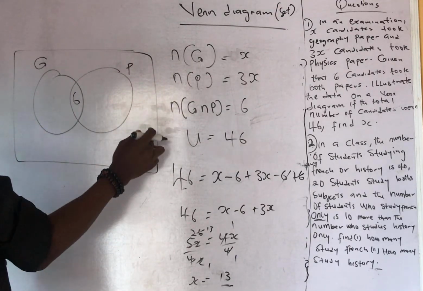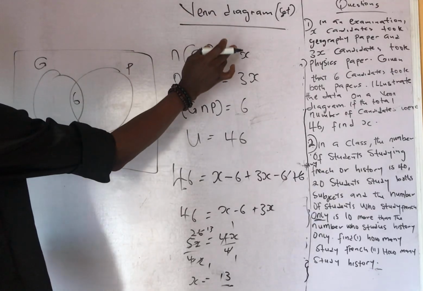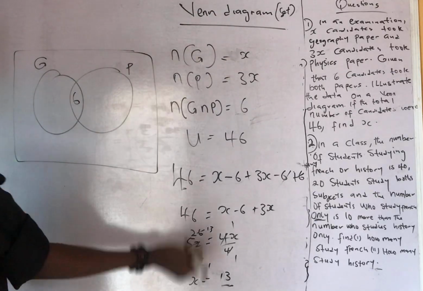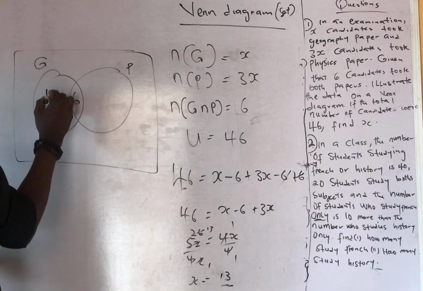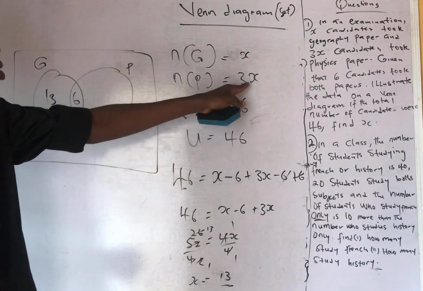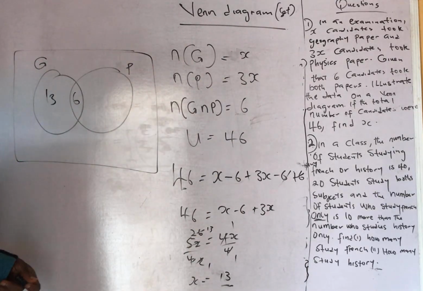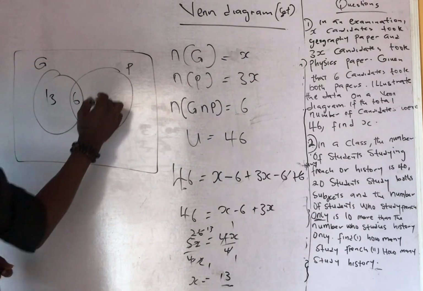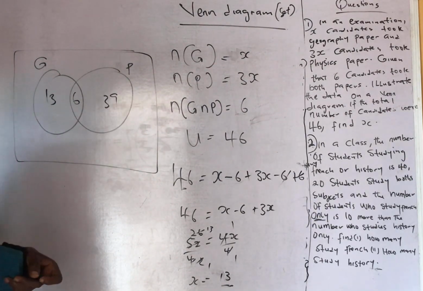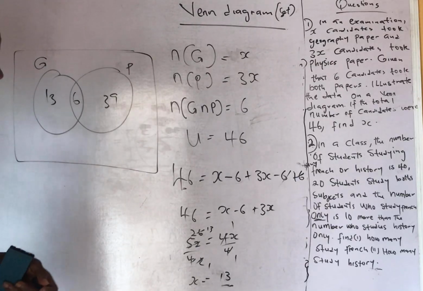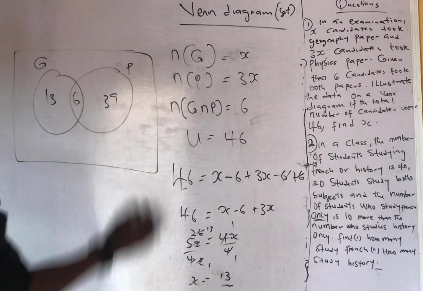The people that took geography alone is x, which is 13, so put your 13 here. While people that took physics, that's 3x, that's 3 times 13. If you go 3 times 13, that's 39, if I'm not mistaken. It's 39. So that's the answer.